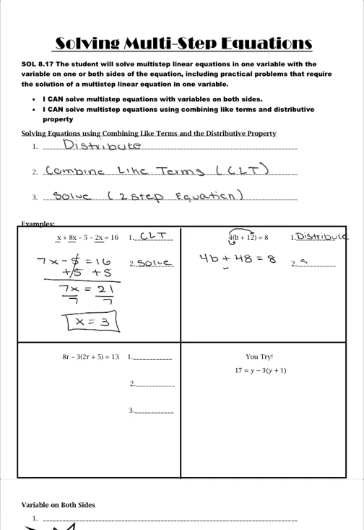Solving my two-step equation, my next step is to solve. I'm going to subtract 48 from both sides because, again, my overall goal is to isolate the variable. I'm left with a negative 40 on the right side, and on the left side, I'm left with 4b. Divide both sides by 4. b is equal to negative 10.